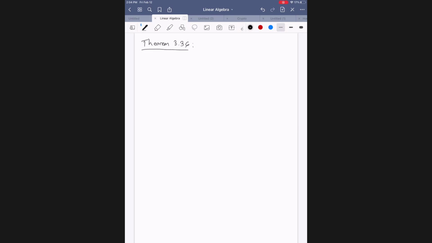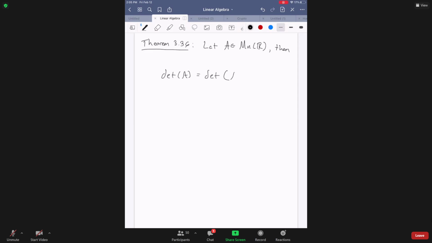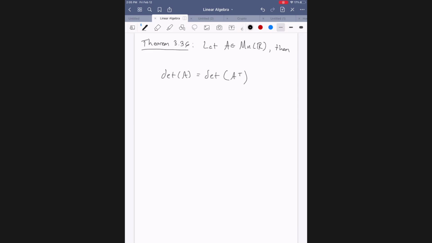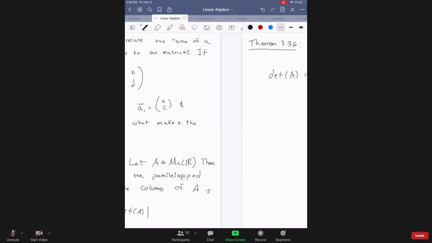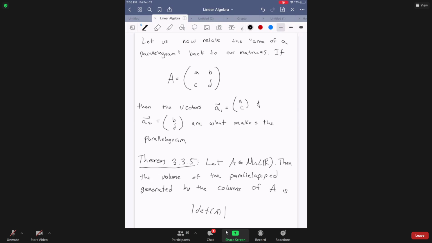So Theorem 3.36. Let A be an n by n matrix, then the determinant of A is also equal to the determinant of A transpose. Yes, I can go back here in a second. Basically, it doesn't matter if you transpose the matrix, the determinant stays the same.